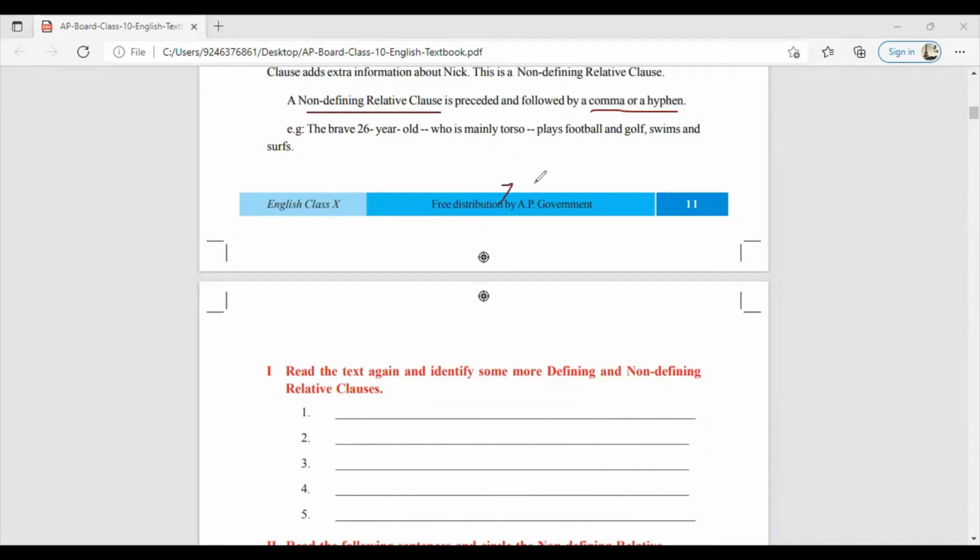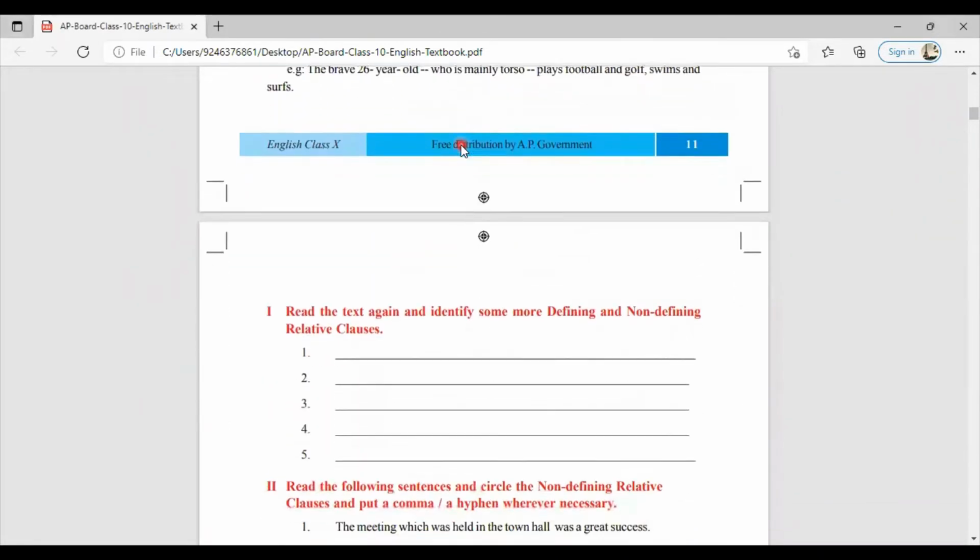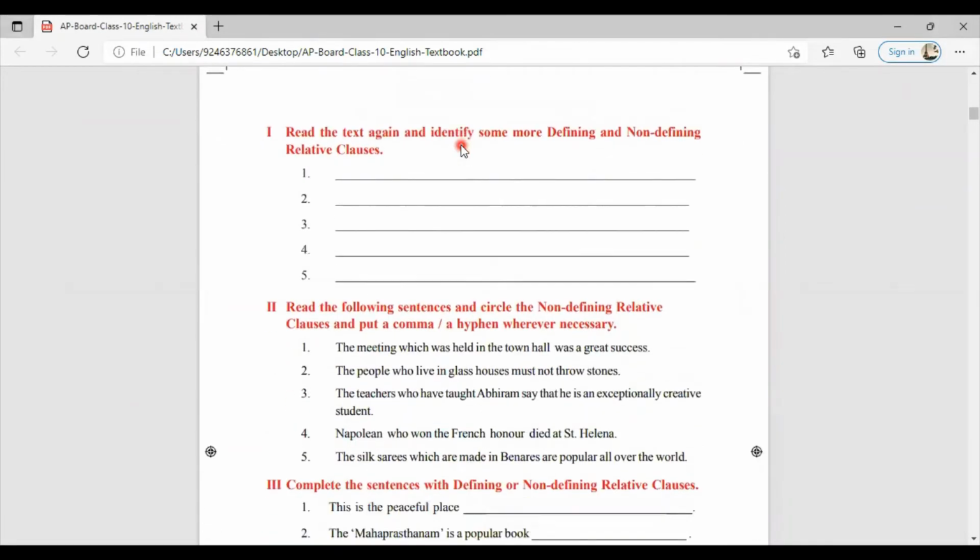Non-defining clause is something where you are adding some extra information about a person or a thing. Defining clause is something where you are defining a person. Now you have to read the text carefully and identify some non-defining and defining clauses.